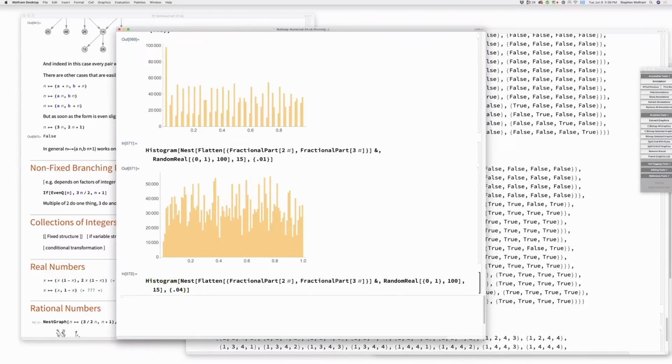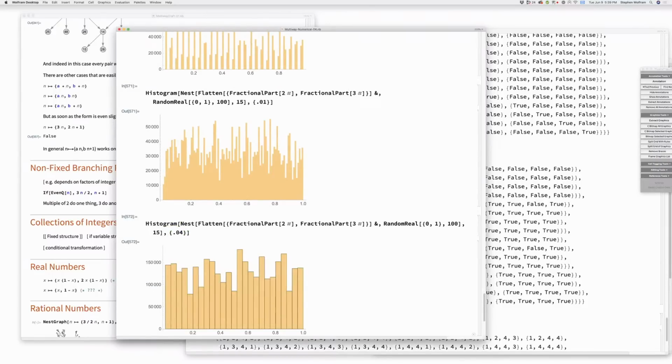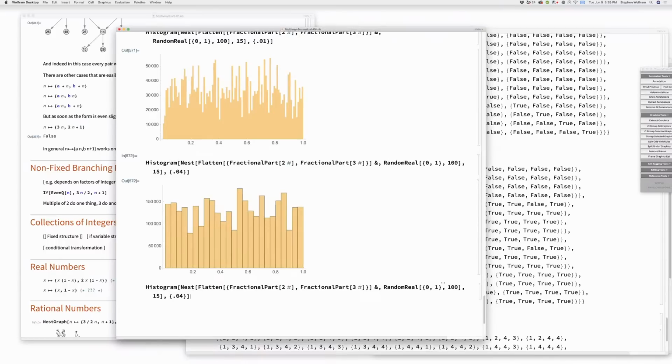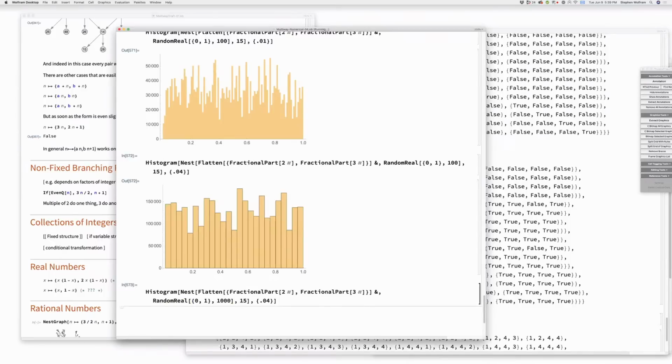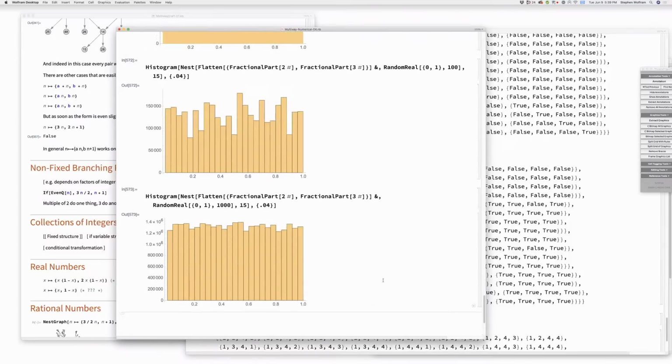Let's try 0.04. Probably that's going to become uniform. Let's try blasting it with more values, 1,000 values there. Come on. Okay, I believe it's going to become uniform.